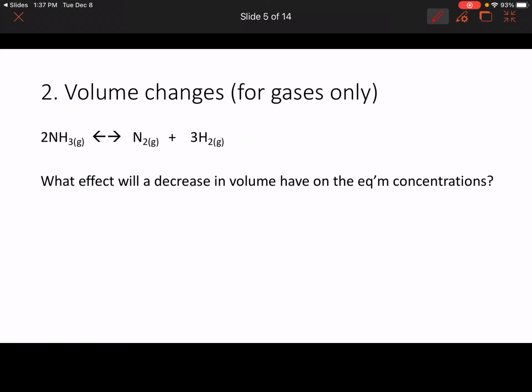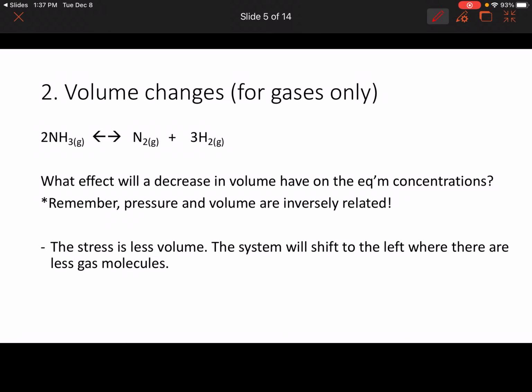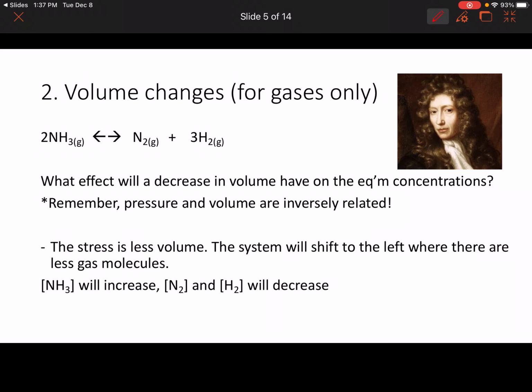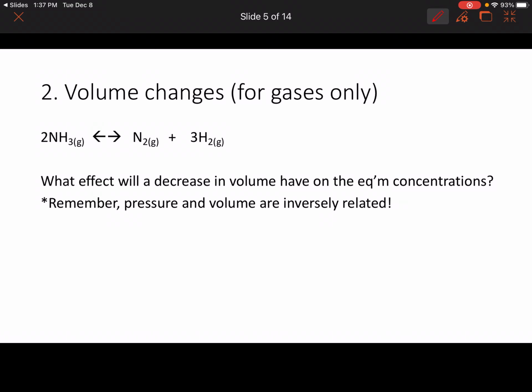If we are decreasing the volume, remember, pressure and volume are inversely related, and we know that because of Boyle's law. You would have taken that in your grade 11 course here. So if the volume is decreased, this means pressure increases. Just keep that in mind here.